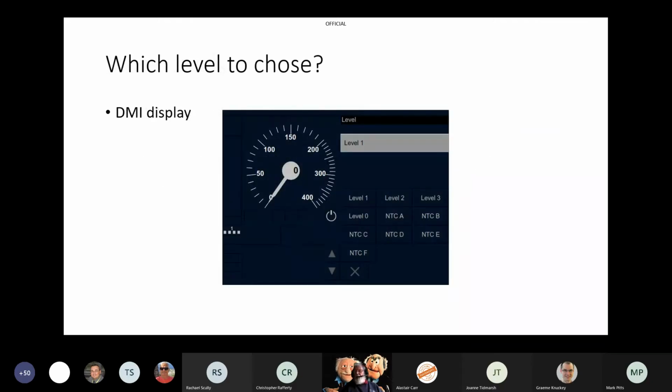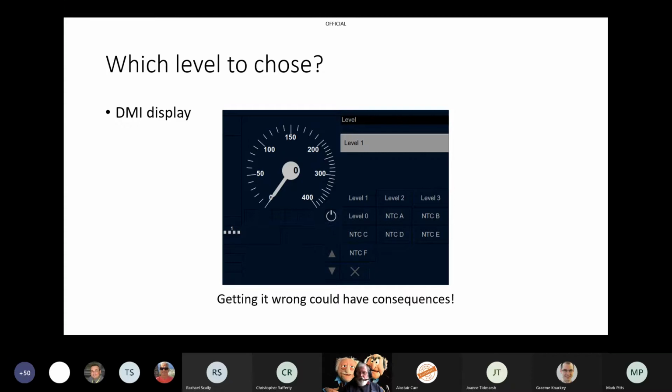So the question for the driver is which level to choose. And without any other information, the DMI on the train will display a whole plethora of levels for the driver to choose from. And of course, that means there is a chance that the driver will get it wrong.